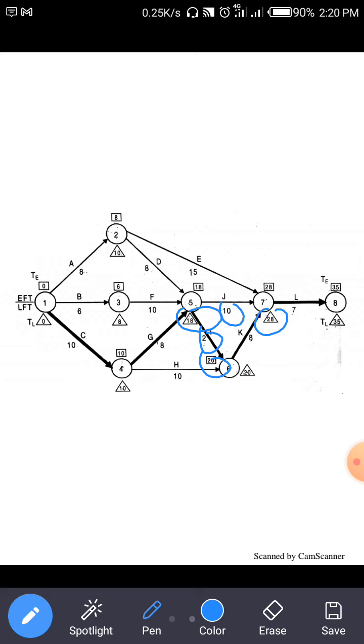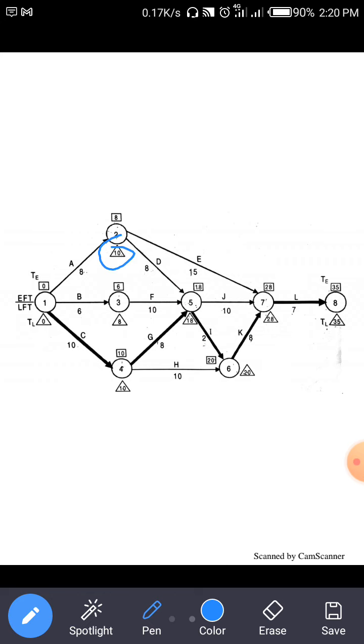Then for node number 2, 2 arrows, 2 to 7 is backward, and 5 to 2. So 28 minus 18 is 10 and 18 minus 8 is also 10. Clear? So here the minimum value is 10.